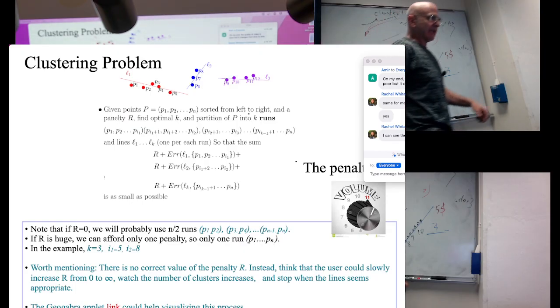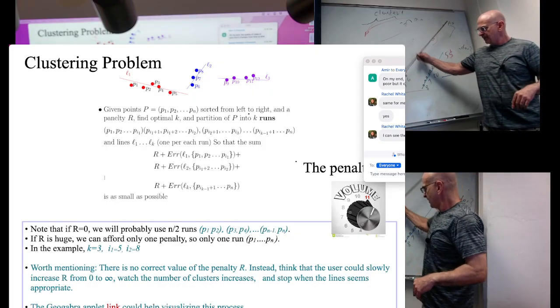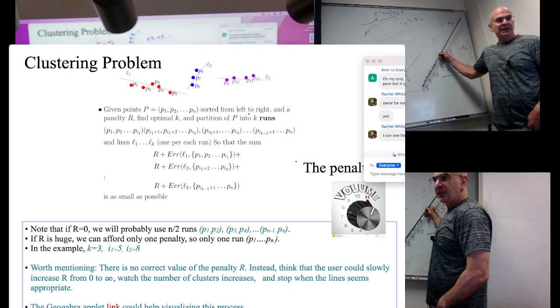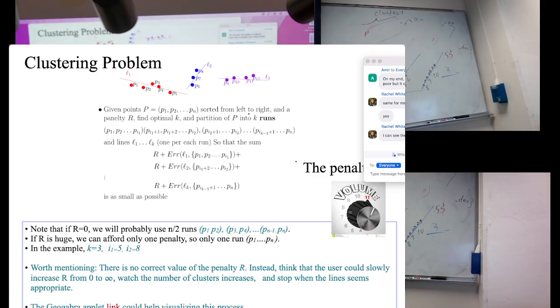And for each such run of points, each such subset of points, here are the 3 lines that fit them best. And how do I know that that's the best clustering? Because I paid for 3 clusters. I paid 3 times R plus all the error here, all the error here, all the error here, and in this example, it's probably better than any other clustering that I'll do.